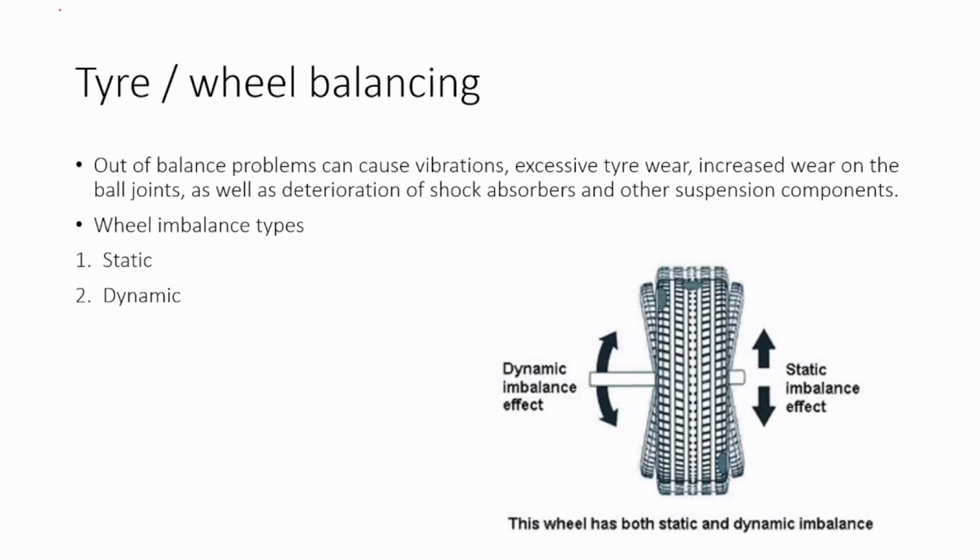So then the next part, the tire or wheel balancing, right? Basically, wheel balancing is crucial just to make sure that our wheels are not vibrating, right? There are two patterns of vibration due to two types of imbalance actually, right?